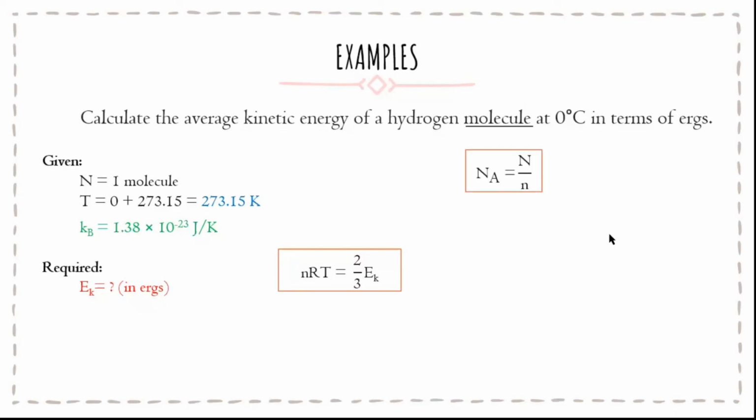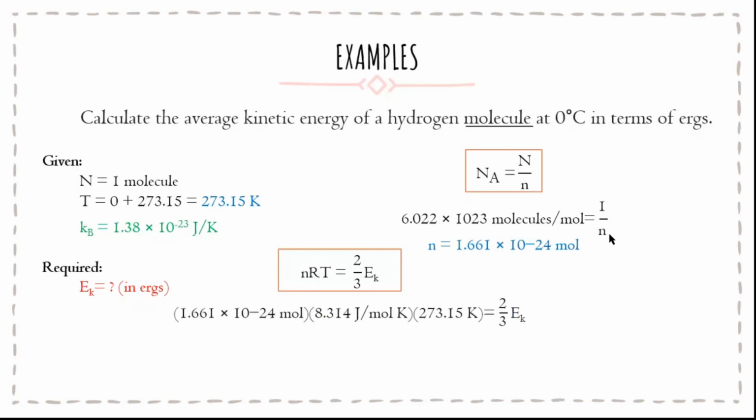Your Avogadro's number is equal to the total molecules over mole. Okay, we have the mole here. So substituting everything, we can get the EK in terms of joules and converting it in terms of ergs, we can have the same answer.